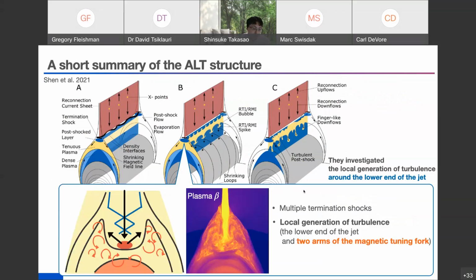But in addition to this study, we found that multiple termination shocks can be formed in these regions. As they found, this region becomes turbulent, and we also found that these two arms of the magnetic tuning fork become very turbulent. And we also found the ALT oscillations.